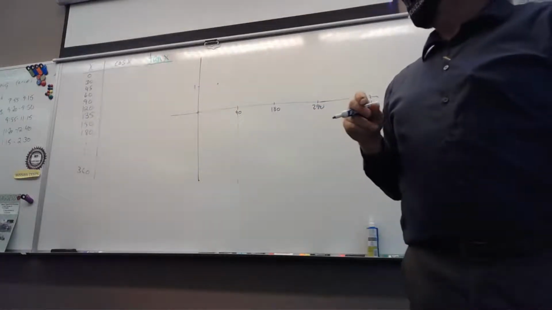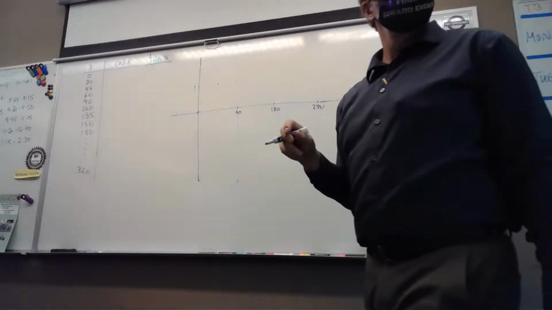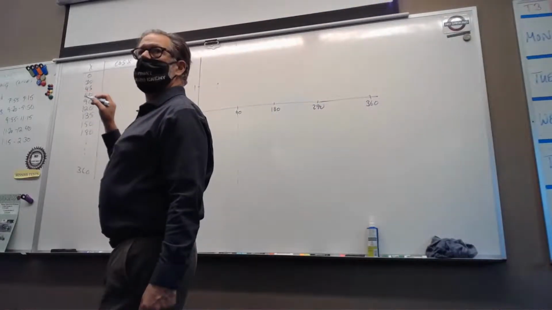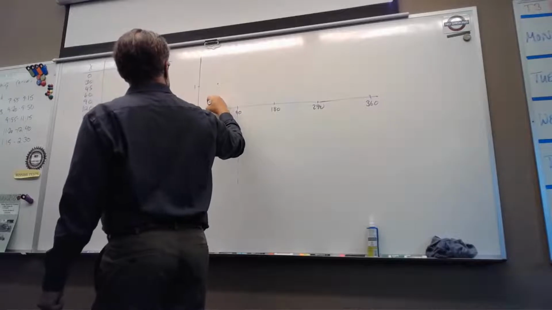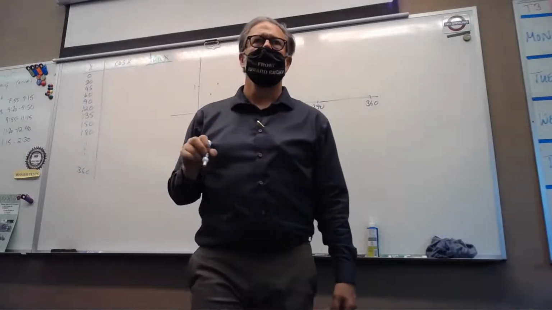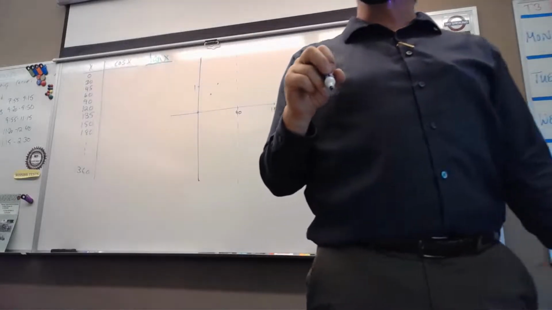What's the tangent of 30? Somebody? I'm going to call it about 0.6 because my graph isn't that accurate. What's the tangent of 60?